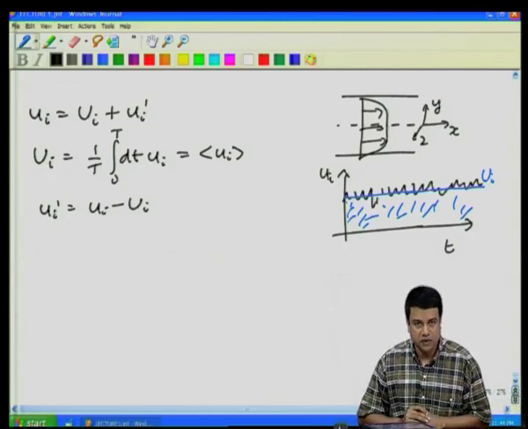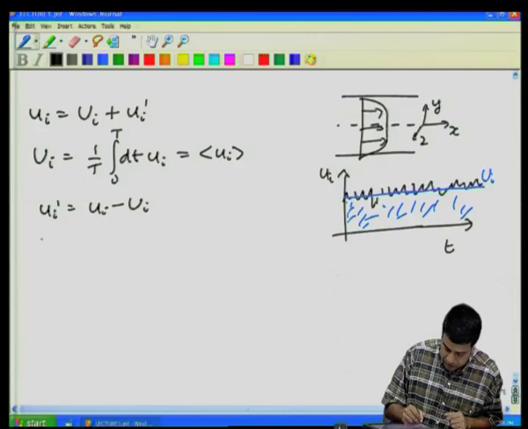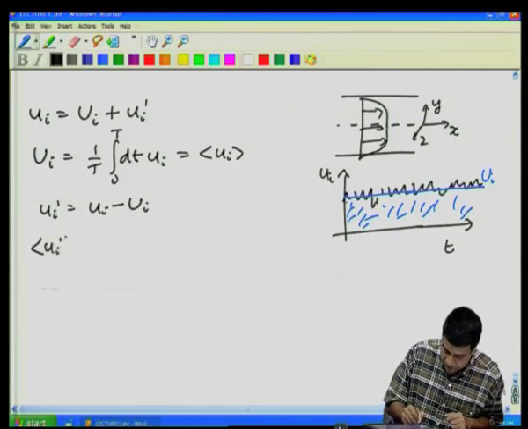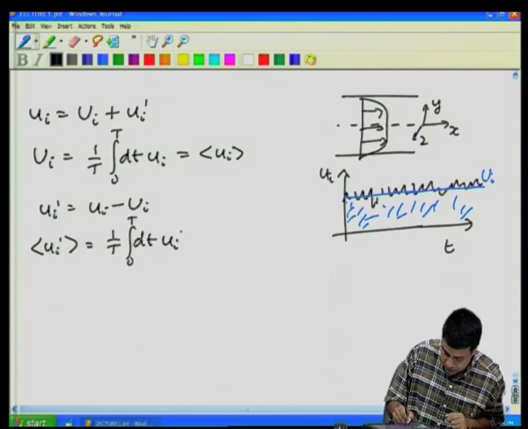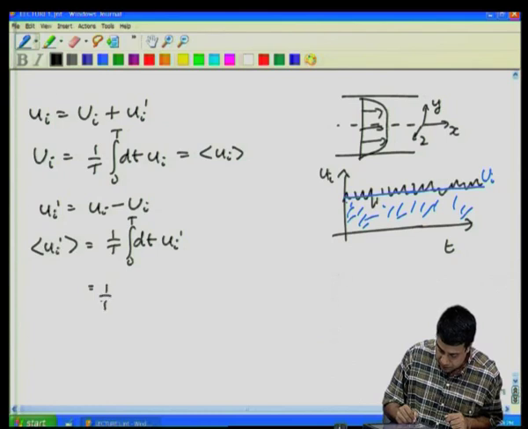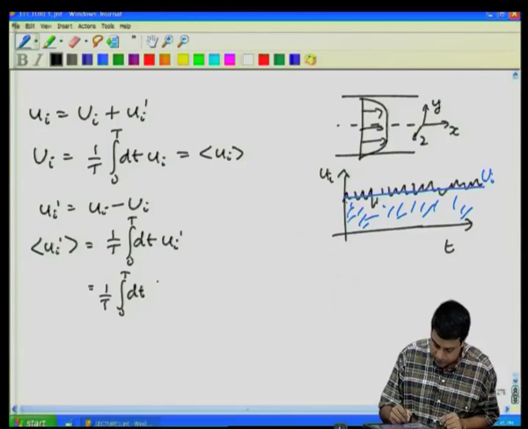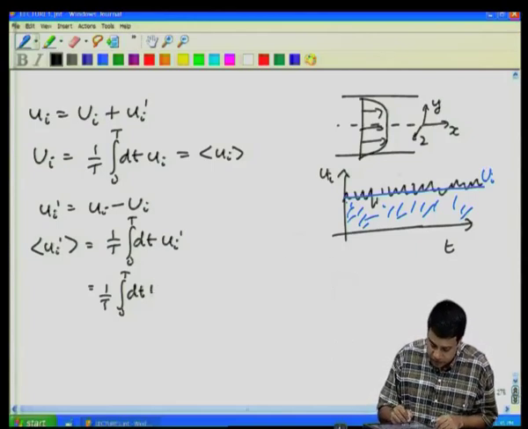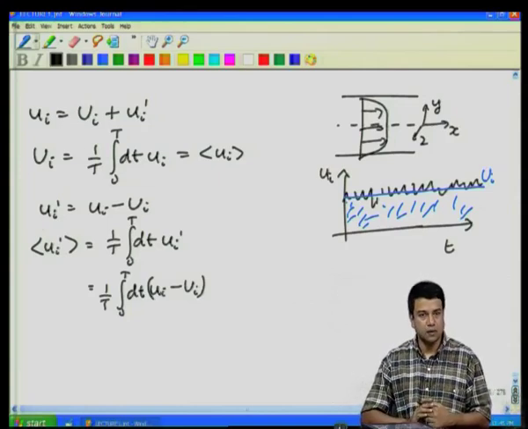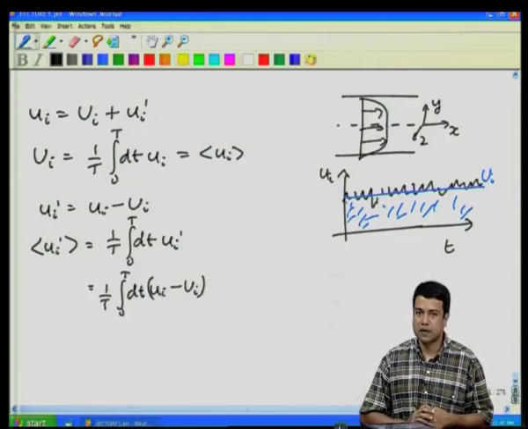If I take the average of Ui prime, it is equal to 1 over T integral 0 to T dt of Ui prime, which is small ui minus capital Ui. Note that capital Ui is independent of time, it is already a time average.